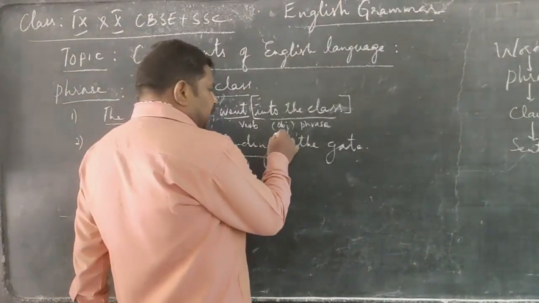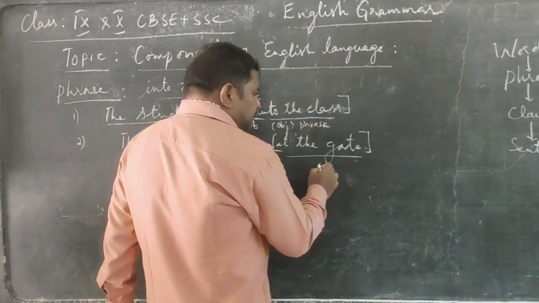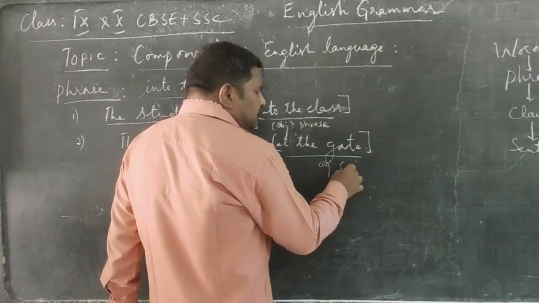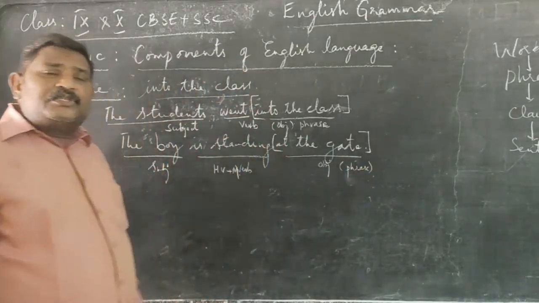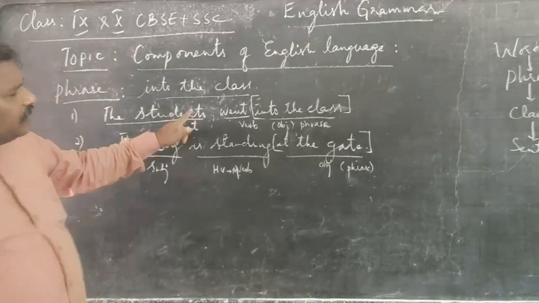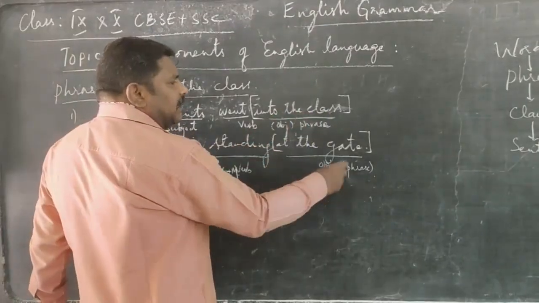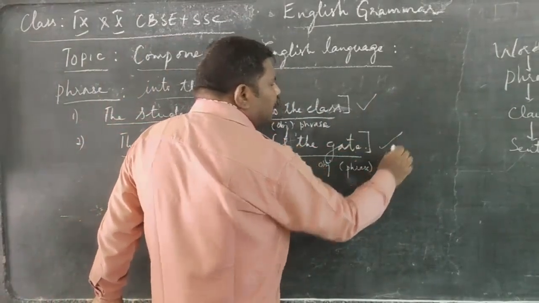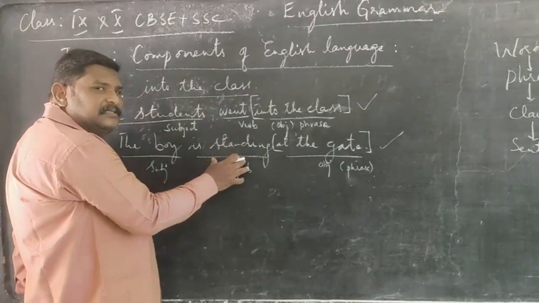"At the gate" is again the tail of the sentence, which is considered to be an object, and this is again a phrase. So, dear students, if you carefully observe these two sentences, "into the class" and "at the gate" are two collections of words which are used in the sentence.